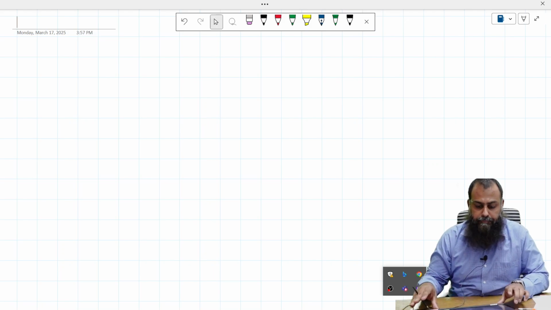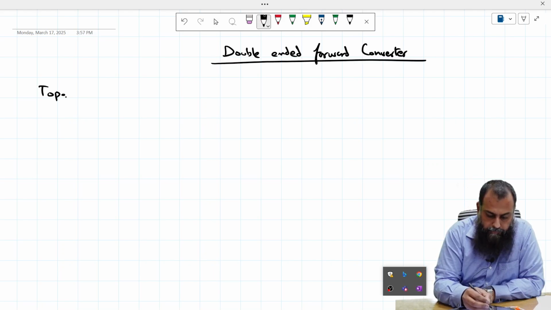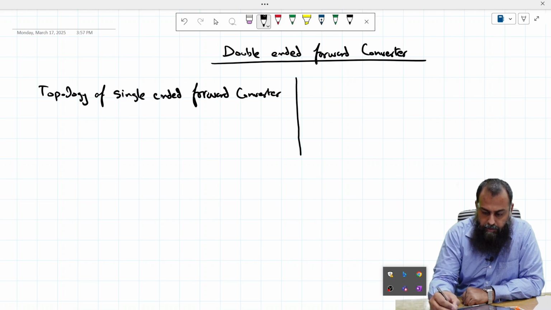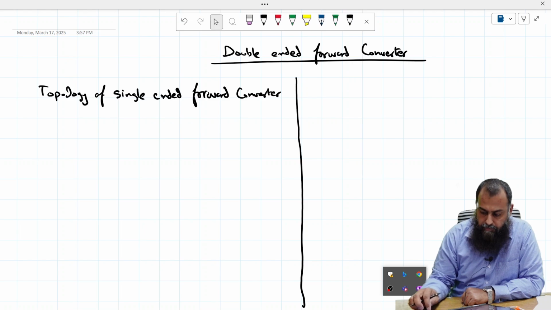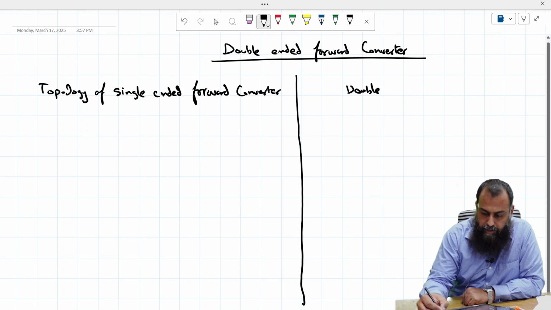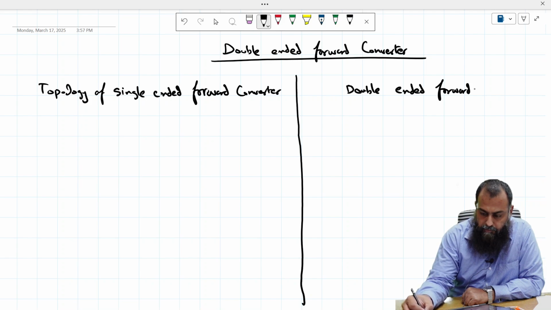So let us start. So this is the topology of a single-ended forward converter, and here we will draw the topology for a double-ended forward converter.